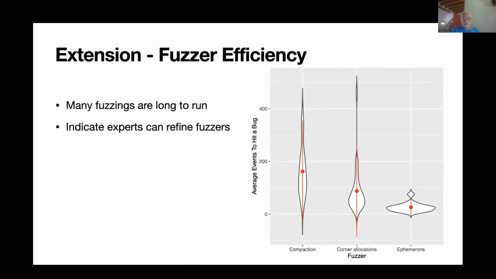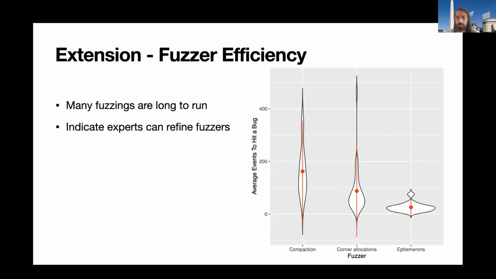Yes, I don't know if you see it now on the screen. I put some spoilers from the follow-up paper, where we ran three different fuzzers. We have the ephemerons one that we have in this paper, and then we wrote 2 other ones that were targeting strange allocation patterns, and allocation patterns that are meant to stress the compaction algorithm.